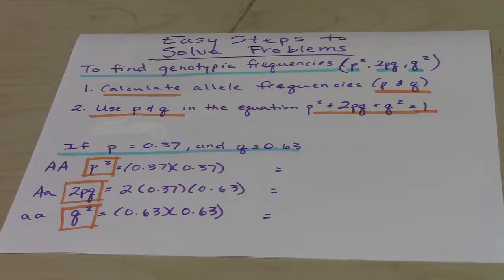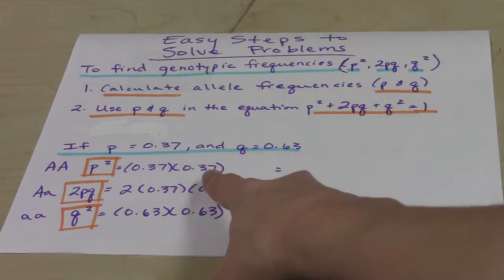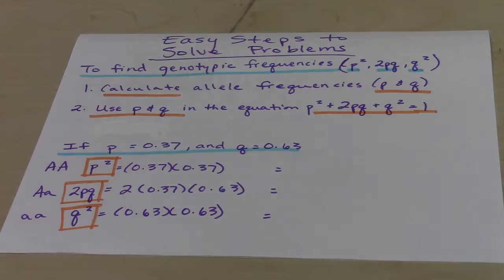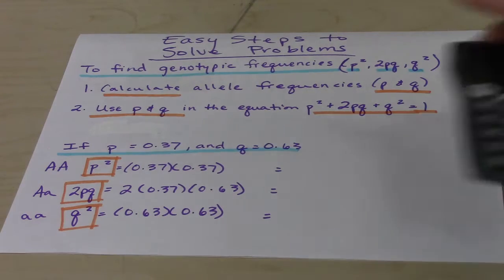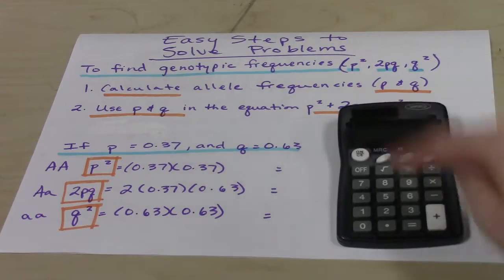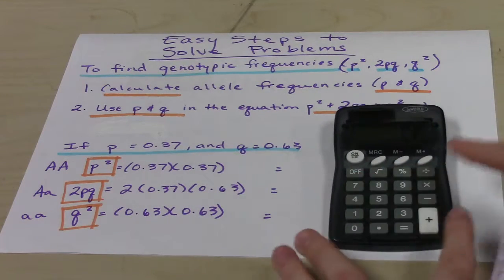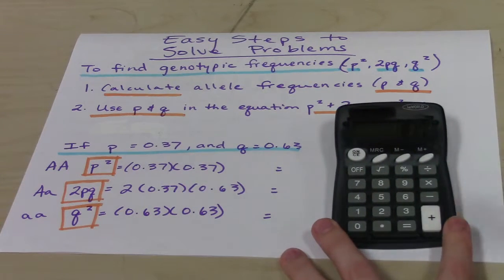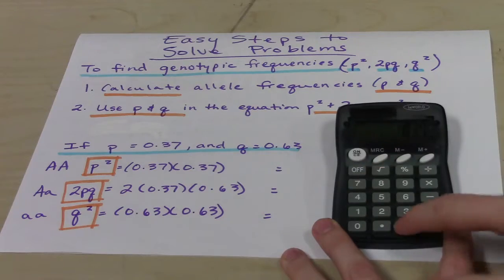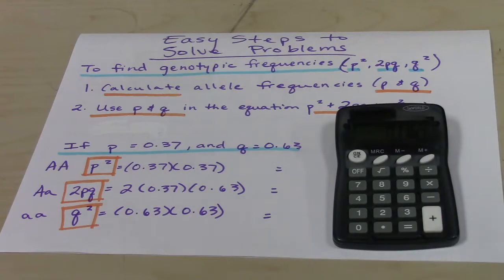So to find P squared, or the frequency of the homozygous dominant genotype, we just multiply P times itself, right? So 0.37 times 0.37 will give us 0.14.